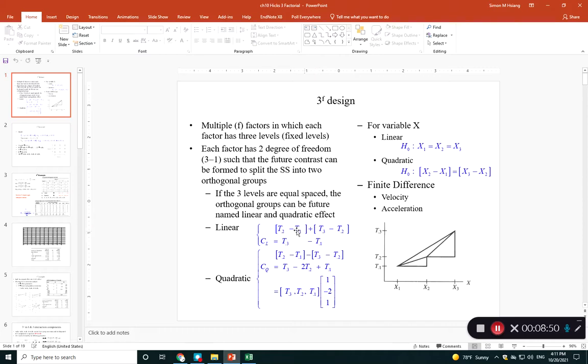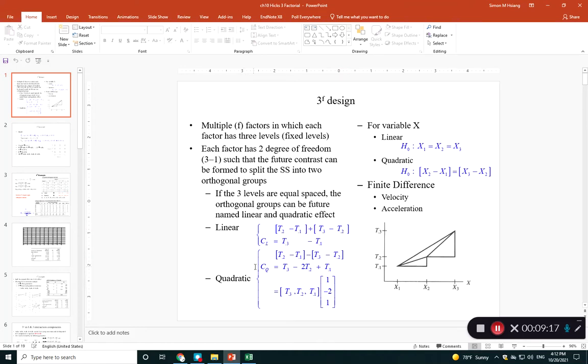So here I'm talking about that in a less intuitive way. Linear effect is 2 minus 1, 3 minus 2, velocity, velocity. And then the linear effect becomes the 3, very high, minus very low, because the two cancel out each other.